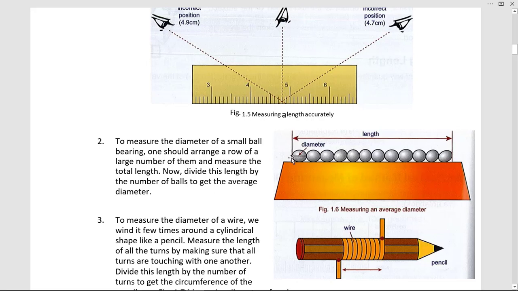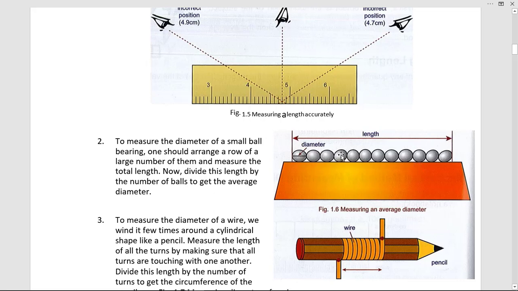After that, keep a ruler here or anything which can hold them, and with the ruler you can take the total length from here till this point. Okay, now count the number of balls you kept.